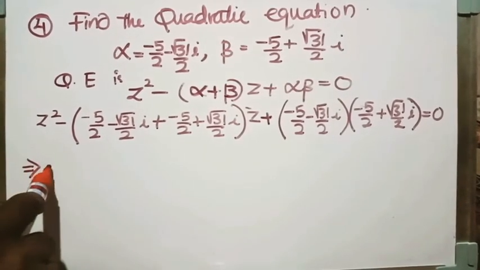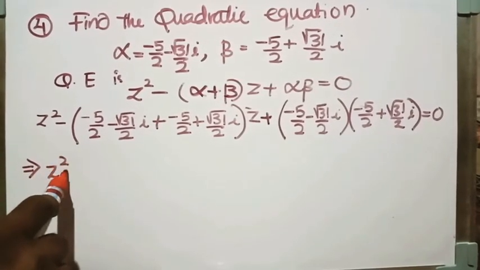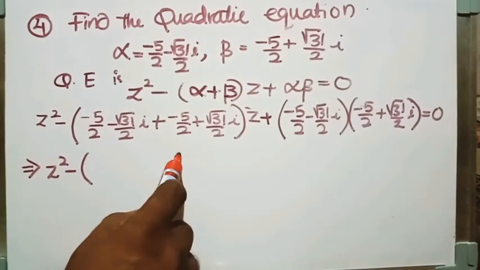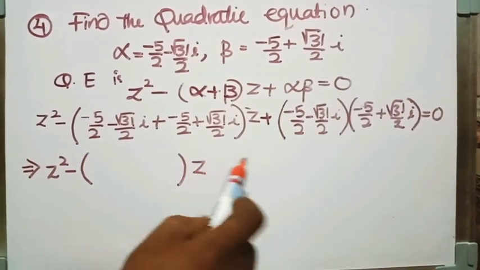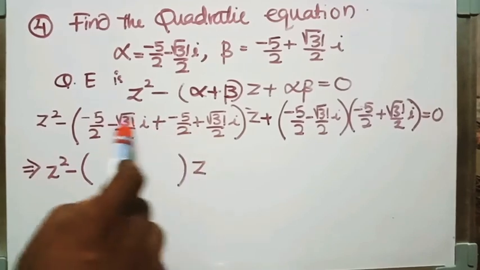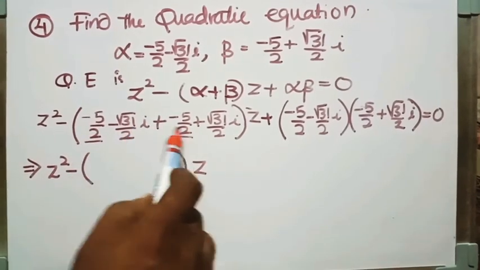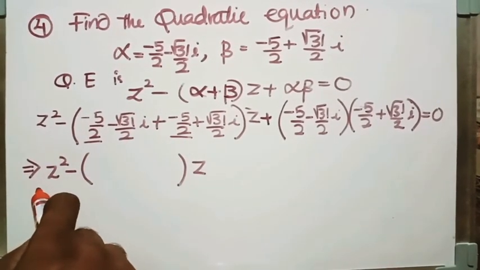That implies z squared minus, let's simplify the bracket. When you look at the bracket, we get minus 5 by 2 minus 5 by 2, like terms.